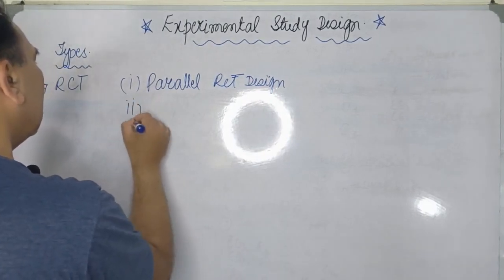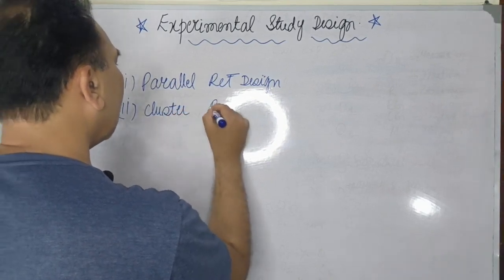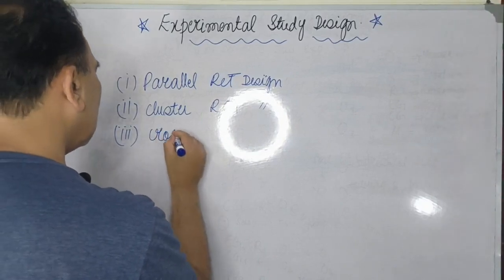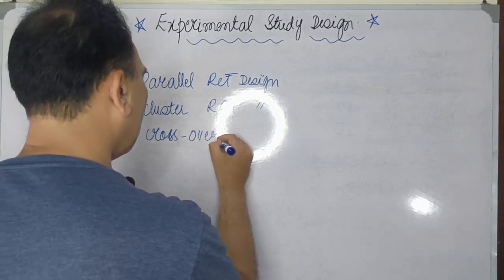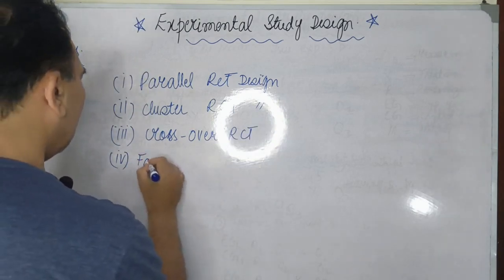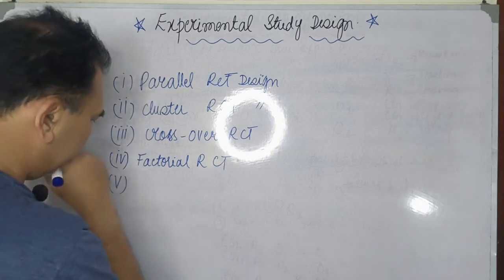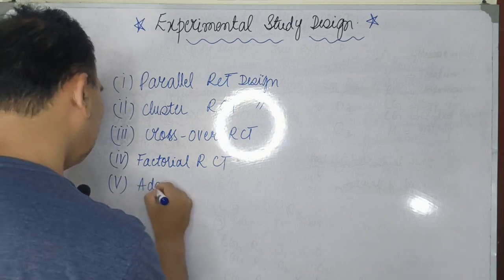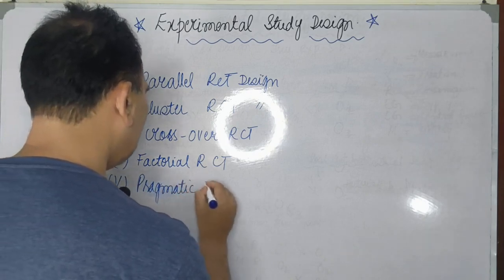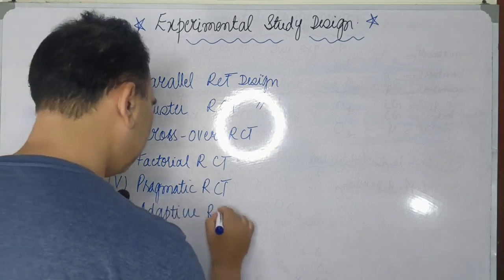Okay, and the second one is the cluster RCT design, and the third one is the crossover RCT design, and the fourth one is the factorial RCT design, and the fifth one is the pragmatic RCT design, and the sixth one is the adaptive RCT design.